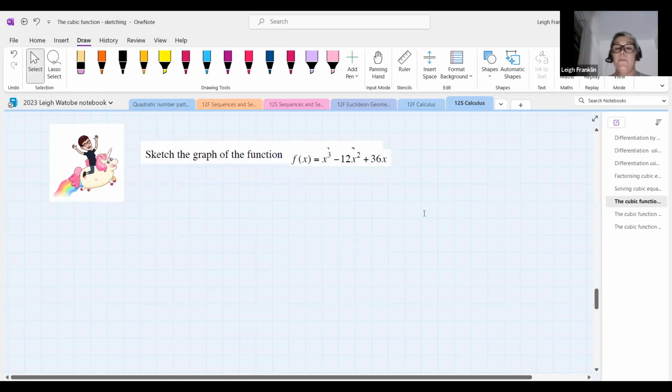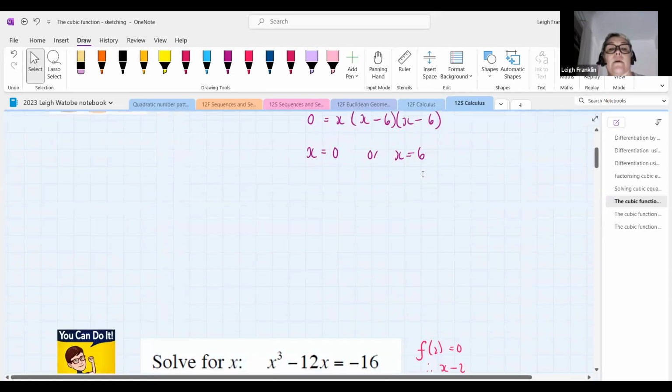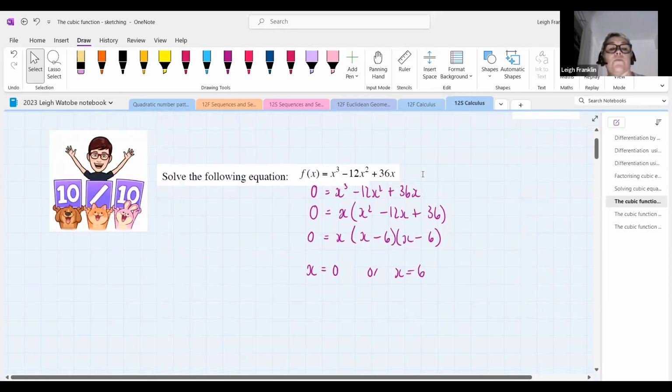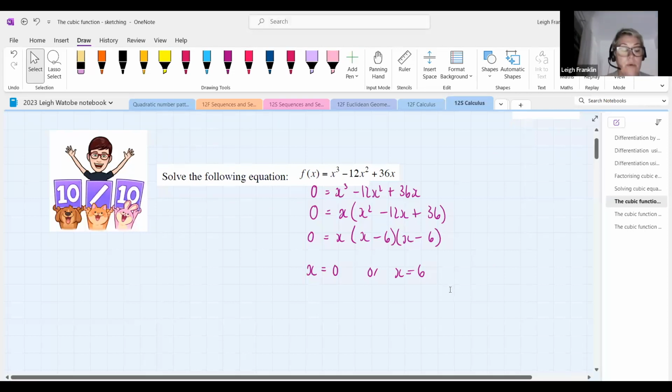Okay, so if you recall at the beginning of this lesson, we solved this particular equation, right? If you remember over here, there it was. We solved this. So let me just cut this out and pop it there for us.